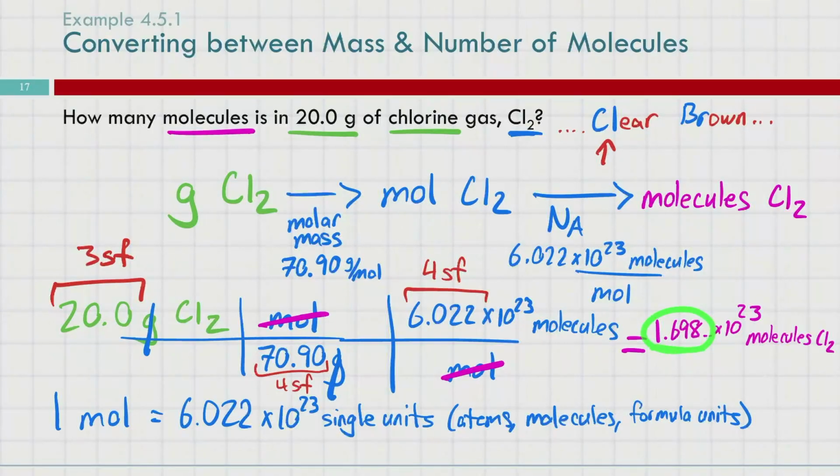So the smallest of those is 3. So we'll be rounding the 9 up. So this turns into 1.70 times 10 to the 23 molecules Cl2.